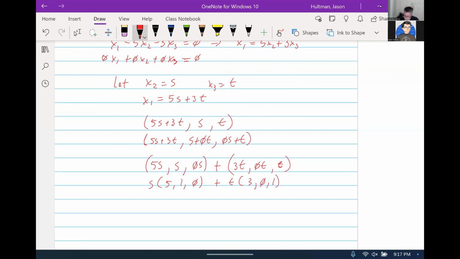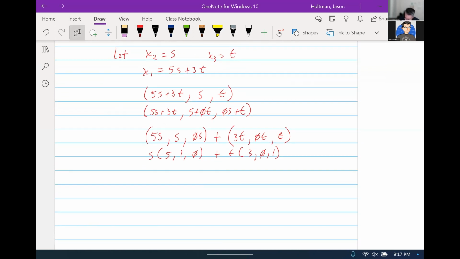And so here's kind of the interesting thing, right? What is this equal to? This is equal to some vector v.